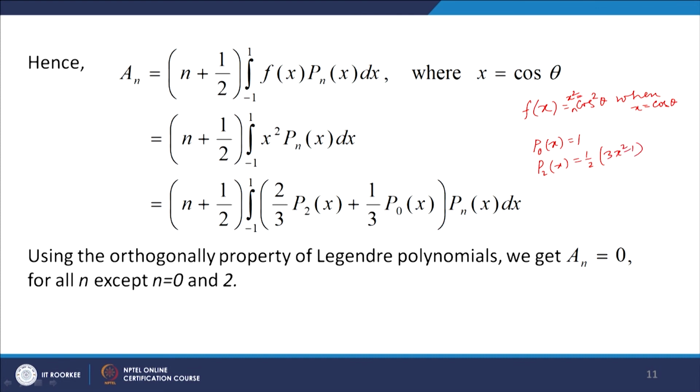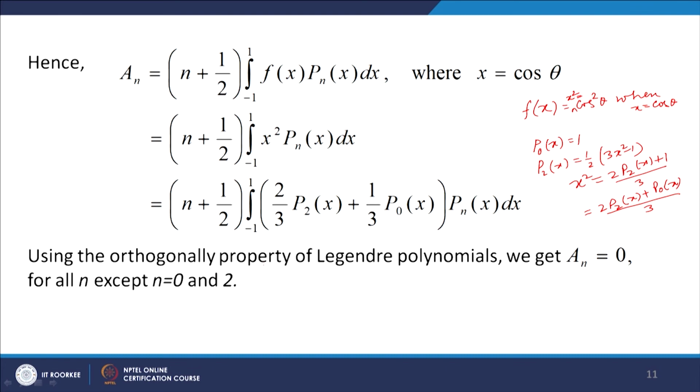So, we can express x square as (2 P_2(x) + 1) divided by 3, or 2/3 P_2(x) plus 1/3 P_0(x), into P_n(x).